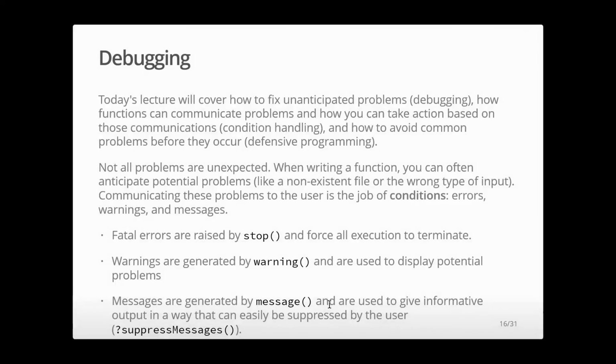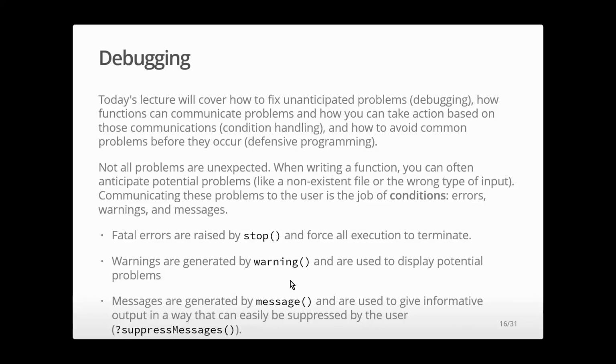Okay, so now let's talk about debugging. We'll talk about fixing these unanticipated problems and condition handling. Not all problems are unexpected. Sometimes you can anticipate where things will go bad.